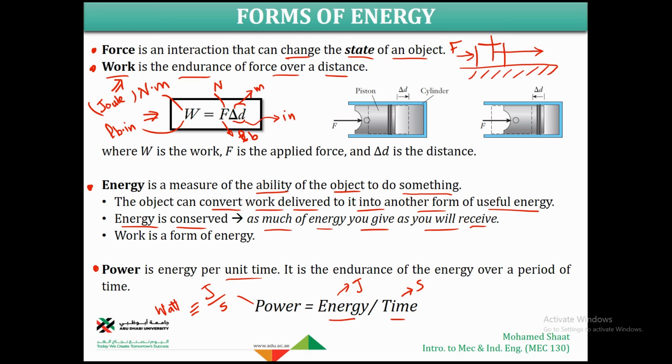Energy relates the force you are applying on an object to the distance that the object is going to move, if we talk about kinetic energy, for example. But power relates the energy to time, in such a way that power is the energy per unit time.